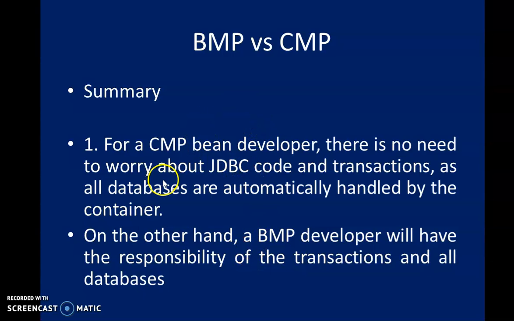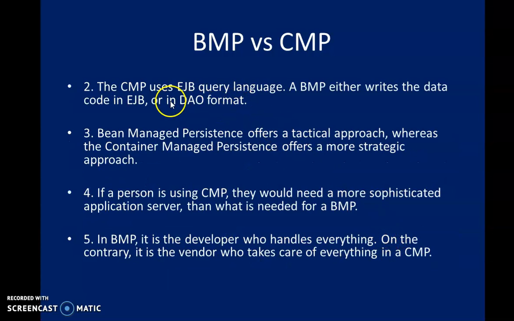So in summary, for the CMP bean developer, there is no need to worry about JDBC code and transactions, and also all the database connectivity; everything is handled by the container. In BMP, the developer has the responsibility of the transactions and all. CMP uses an EJB query language, but in BMP, the developer writes data code in EJB or in DAO format.